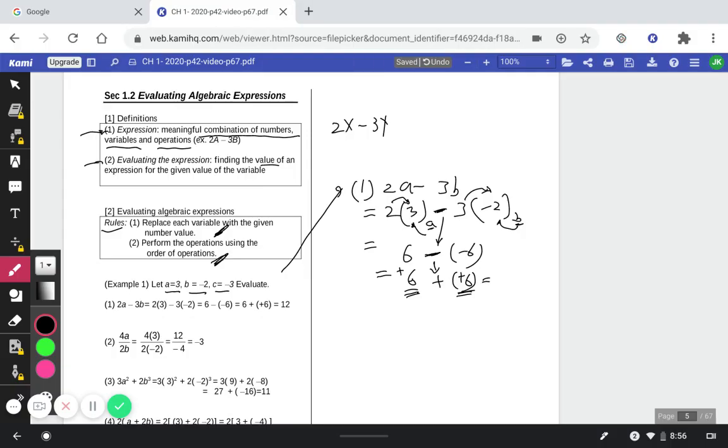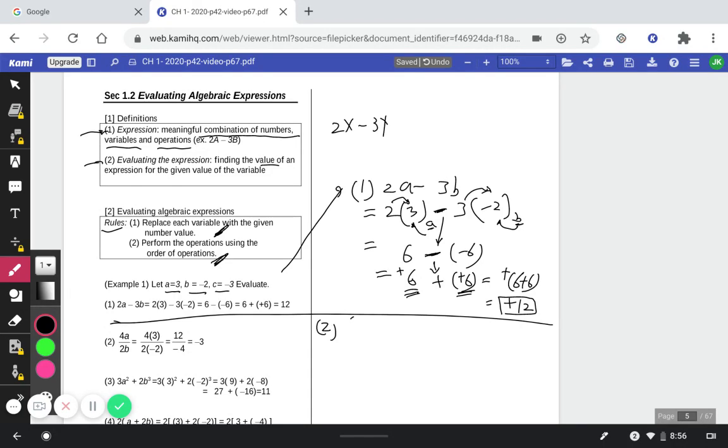So you add the two numbers and put the bigger number's sign, a plus in this case. +12 is the solution of this evaluating 2a minus 3b when a equals 3, b equals -2. Anybody have any question?